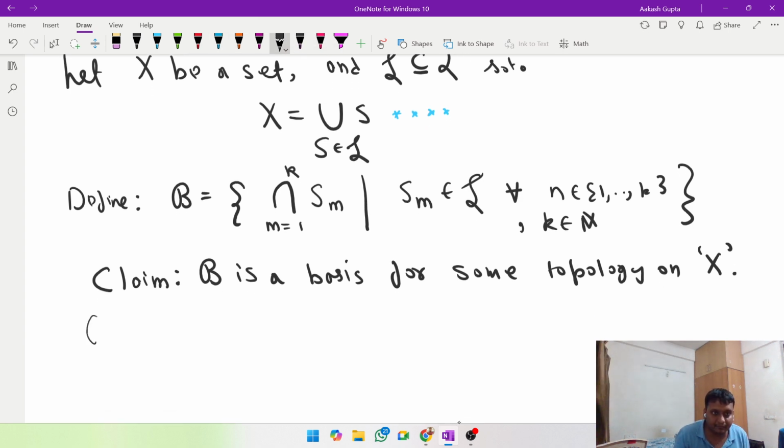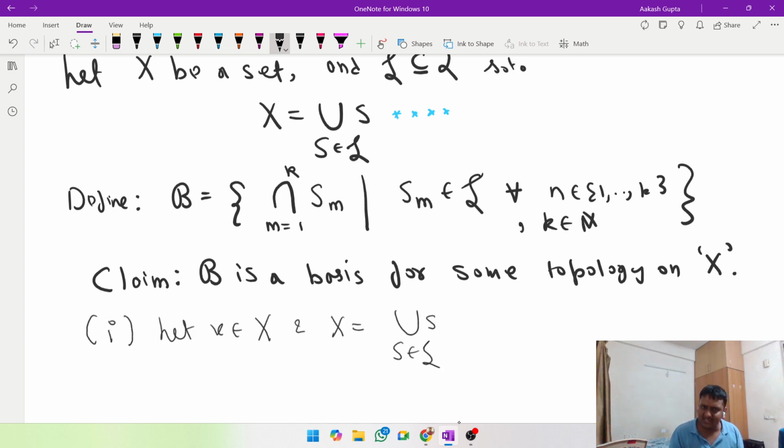One. Let x belong to X. You should have a member of this script B which contains x. That was the first condition. And what is X? X is actually the union of s in script S. What does this imply? There exists some s in script S such that x belongs to s.